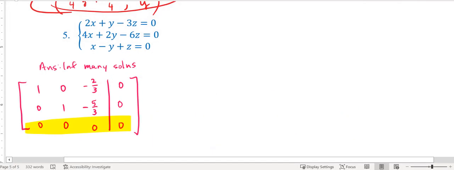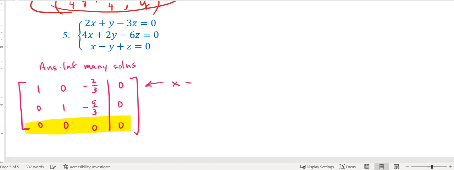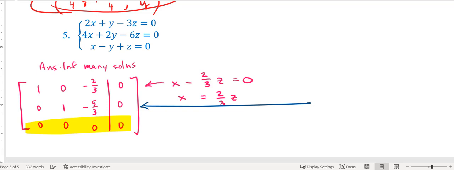What form do those solutions have? This tells me that x minus 2/3 z equals 0. So x is going to equal 2/3 z. This one tells me that y minus 5/3 z equals 0. So y equals 5/3 z.